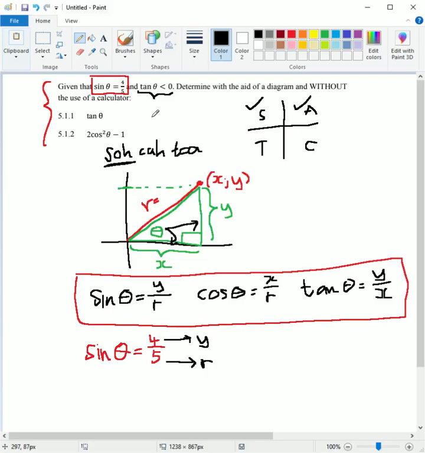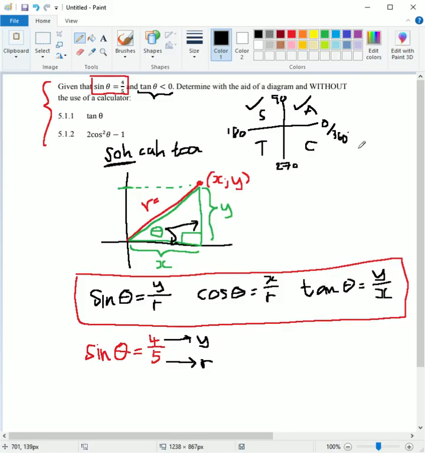Sometimes our restriction looks a bit different. Sometimes it will be like between 0 and 90 degrees, between 0 and 180 degrees, or between 90 and 270. When your restriction is like that, you consider that this is 0, this is 90 over here, this is 180, this is 270, and again this is 360.